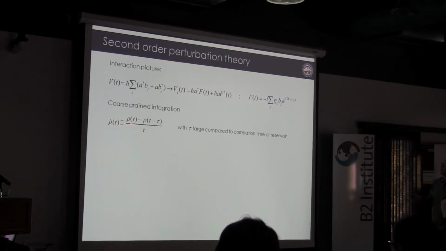Now, that should be an approximately equal sign. What we're going to look at is a time evolution where, when I take a derivative, it's supposed to be d rho dt, but we're really thinking of a time dt which isn't truly infinitesimal; it's actually large. The system evolution happens on a much slower time scale than the reservoir equilibration time scale.